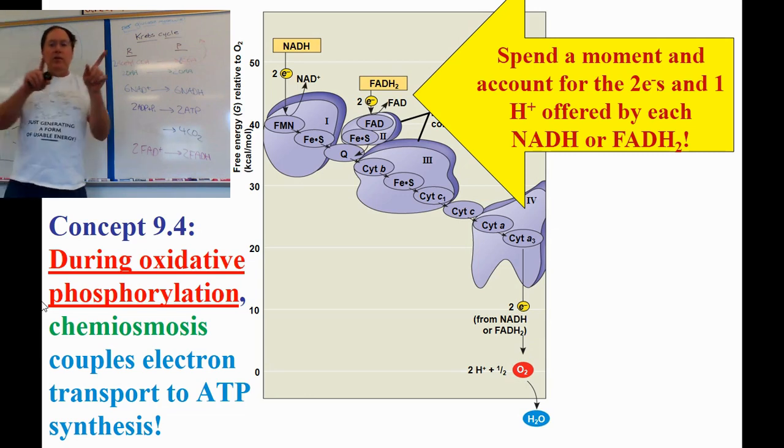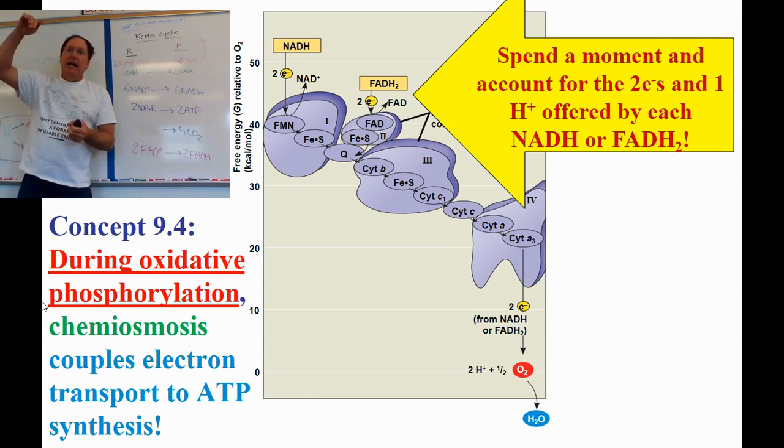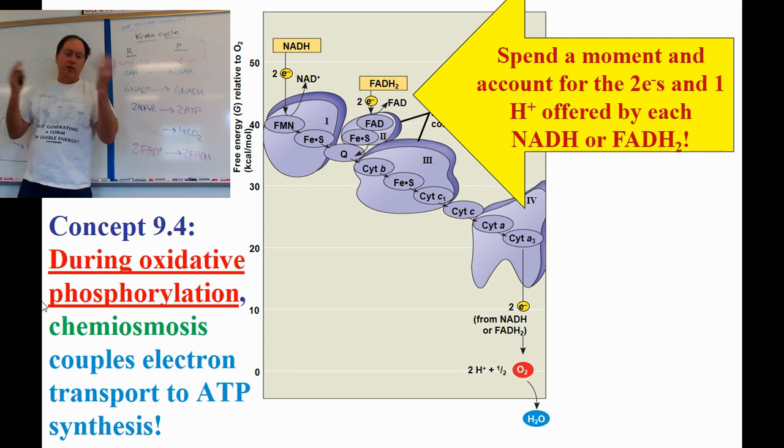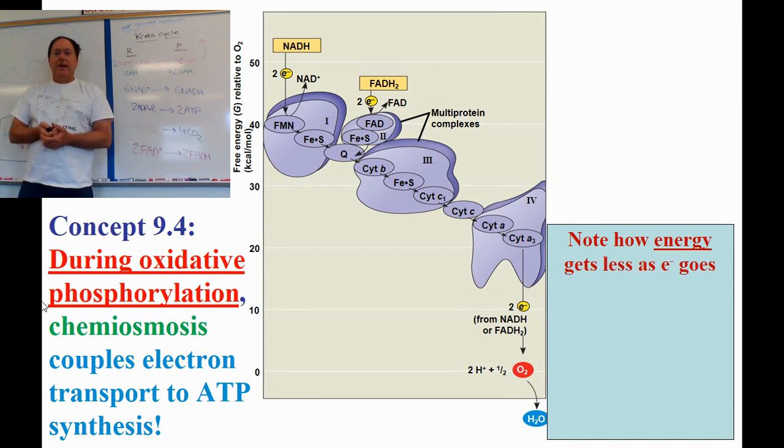What happens is what you can see here from left to right: as the electron goes down in this energetic situation down the electron transport chain, all these proteins from left to right, that energy is used to suck protons against their concentration gradient, which means they're going to be put in an area that they don't like. They're eventually going to flow through an opening, and we're going to try to harness that energy. And I'll show you exactly what that looks like with a different picture.